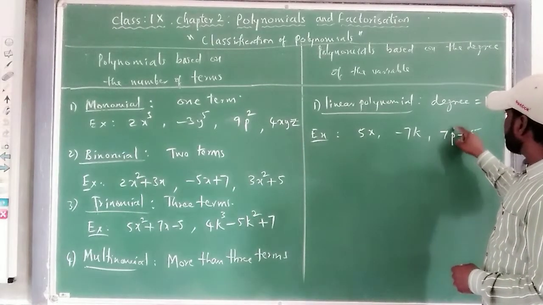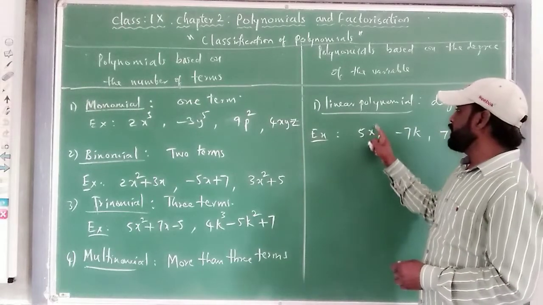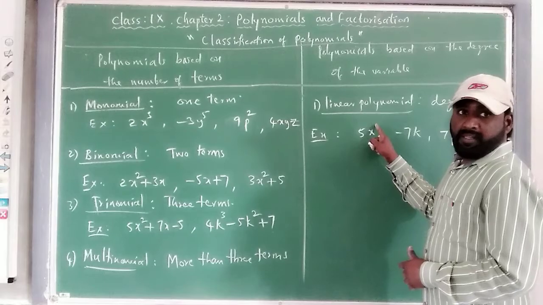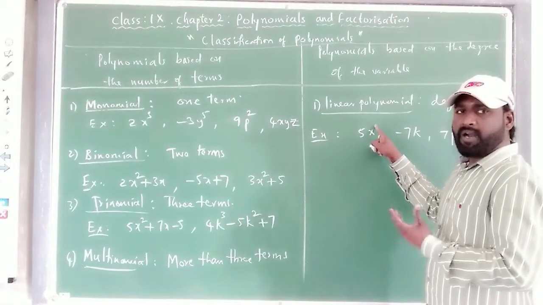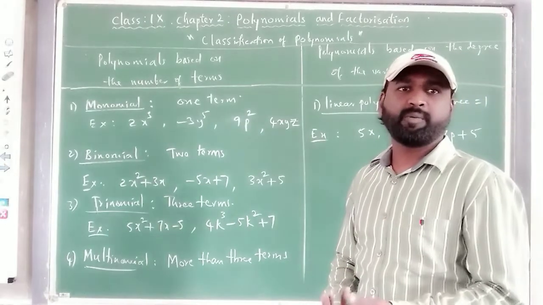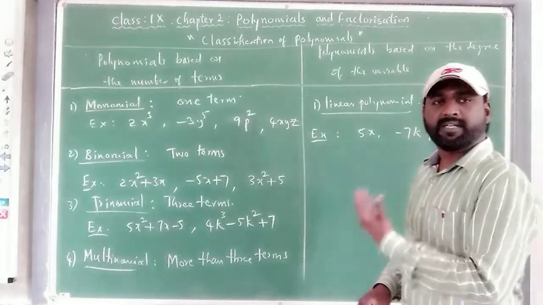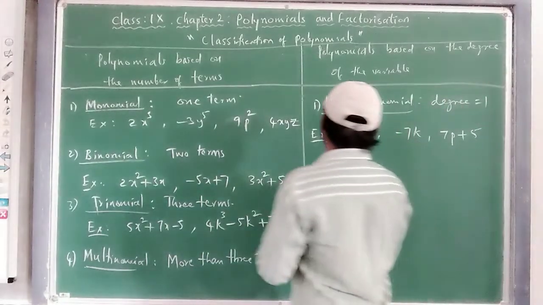Its exponent is 1. Here k is the variable, its exponent is 1. Here x is the variable, its exponent is 1. The algebraic expression in which the variables involved have degree 1. Degree means the exponent. The highest degree should be 1. Then it is called a linear polynomial.